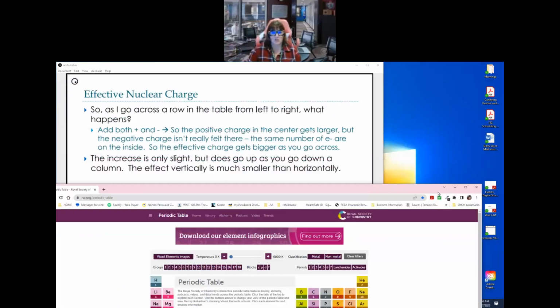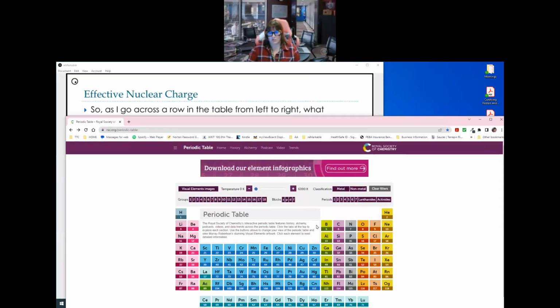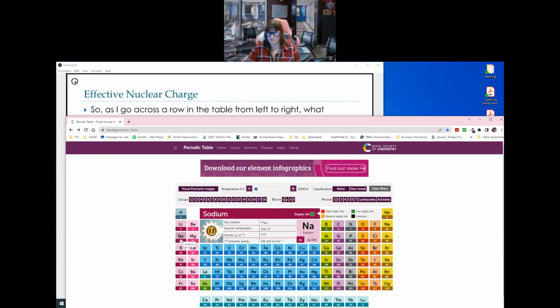And so if I move my table, and it's not going to show up very well, as I go across a row in the table from left to right, so as I go from sodium over here to argon, I'm adding both protons and electrons, right? So I've added more protons in that nucleus and more electrons in this outside sphere that exists there.